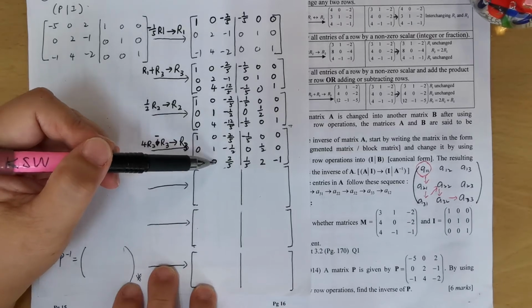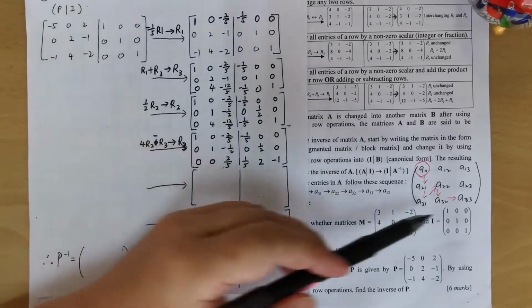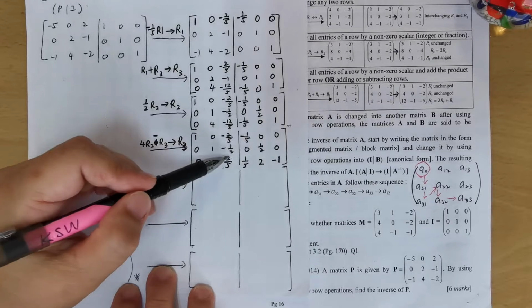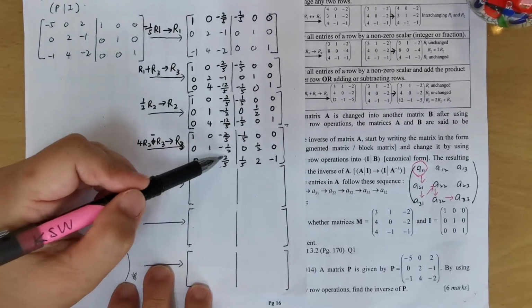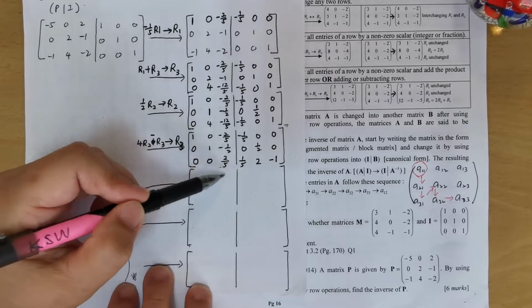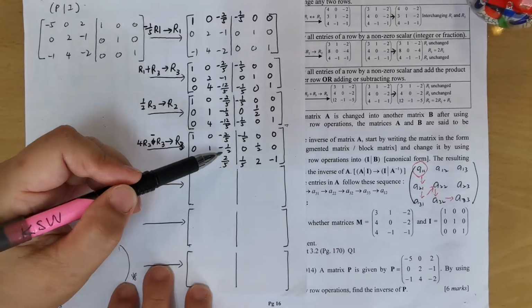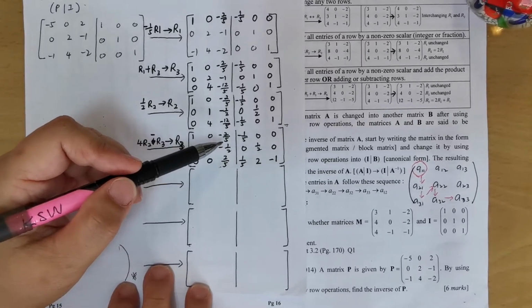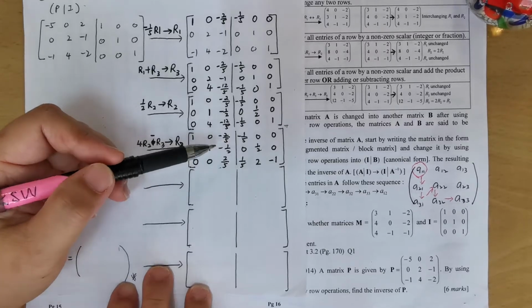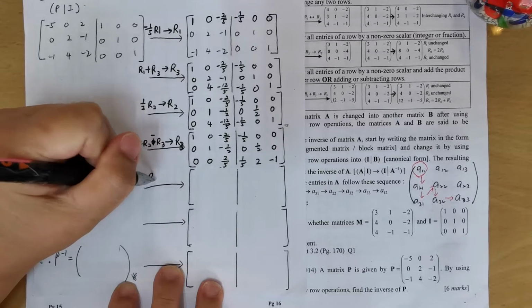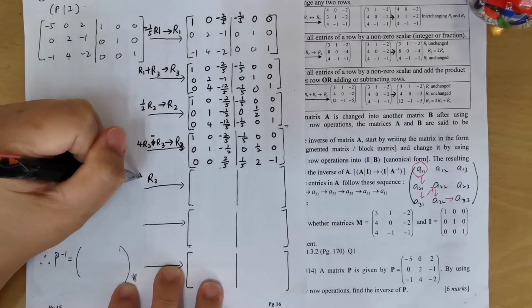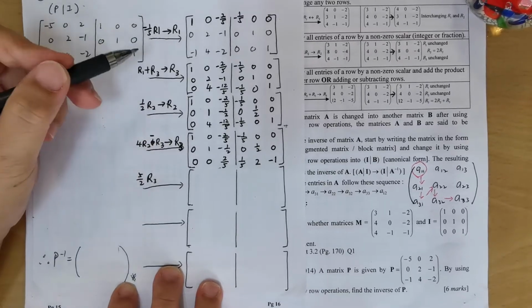Okay. So the next step is this one. Follow this step. I'm going to change this one to 1, because for identity, the third row is 0, 0, 1. I want to change this one to 1. Very simple. To change this one to 1, I'm going to multiply row 3 by 5 over 2.